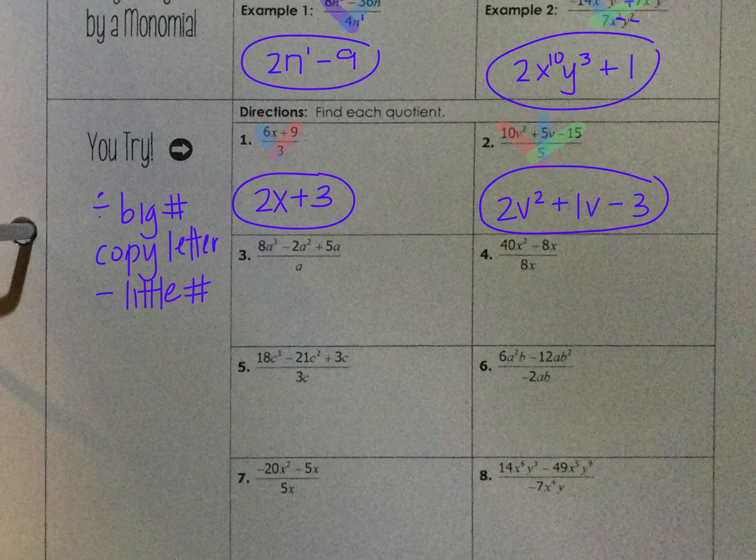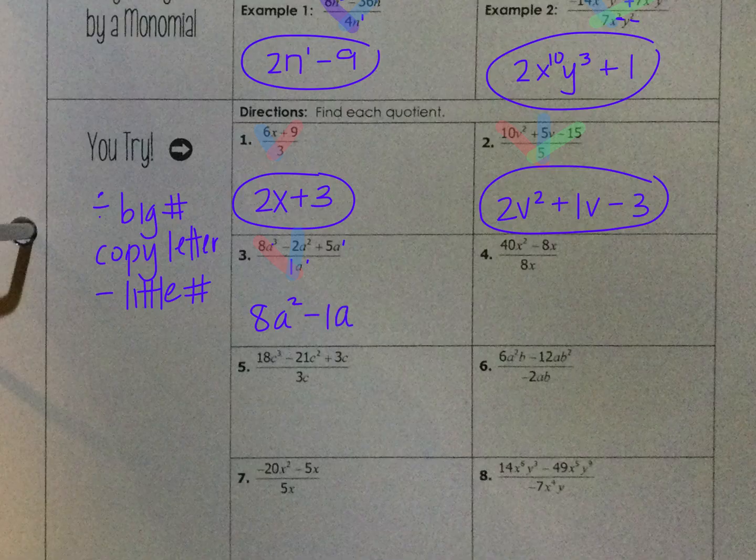All right, I'm going to add some ones here just to help me out a little bit. So 8 divided by 1 is 8. Copy the a. 3 minus 1 is 2. Negative 2 divided by 1 is negative 1.